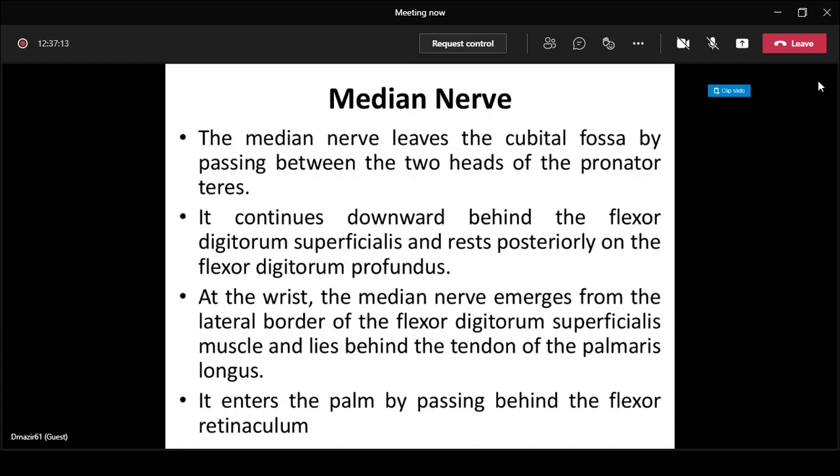At the level of the wrist, it emerges from the lateral border of the flexor digitorum superficialis, comes behind the tendon of the palmaris longus, and then passes deep to the flexor retinaculum to enter the palm. This is the place where, if it is compressed by some swelling, by some accumulation of fluid, or by the flexor retinaculum, it gives a very important syndrome, known as carpal tunnel syndrome.